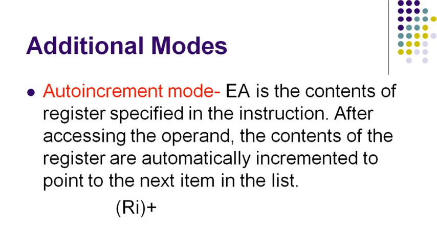Okay, we denote the auto increment mode by putting the specified register in parentheses, to show that the contents of a register are used as the effective address, followed by a plus sign to indicate that these contents are to be incremented after the operand is accessed. The auto increment mode is written as (Ri)+.